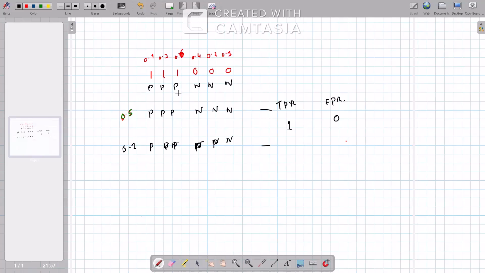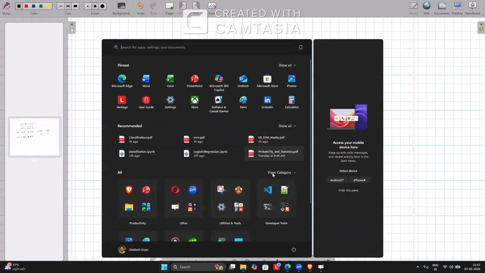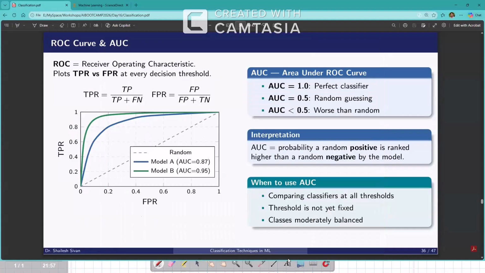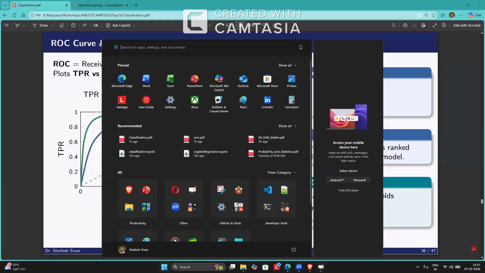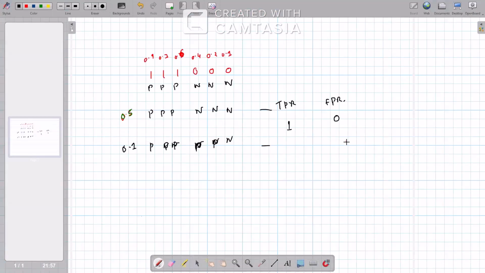I will write the equation for TPR. TPR is TP by TP plus FN.